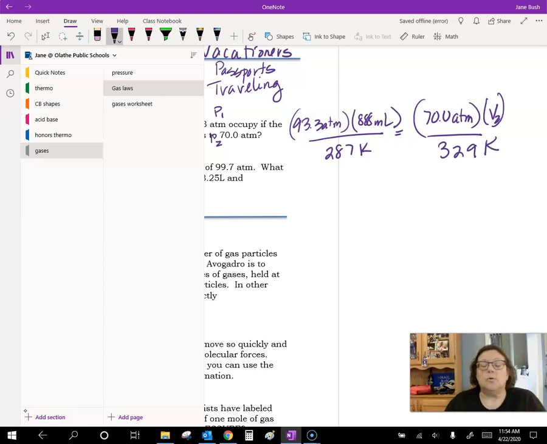Now, we just do the multiplication. So if we take 93.3 times 888 divided by 287, we get 288.7, which is equal to 70 divided by 329 V, 0.213 V. Now we solve for V.